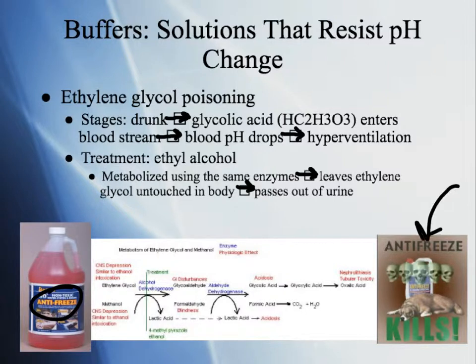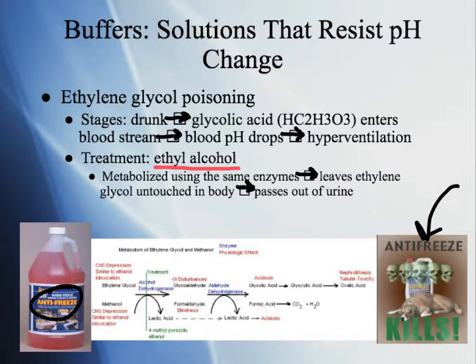Antifreeze kills. However, if you know that your dog, cat, or human has drunk antifreeze and looks drunk because of it, what you can do, and this is the ironic part, is give them more alcohol. But this time it's ethyl alcohol, like what's found in alcoholic beverages. The reason this works is interesting and simple.